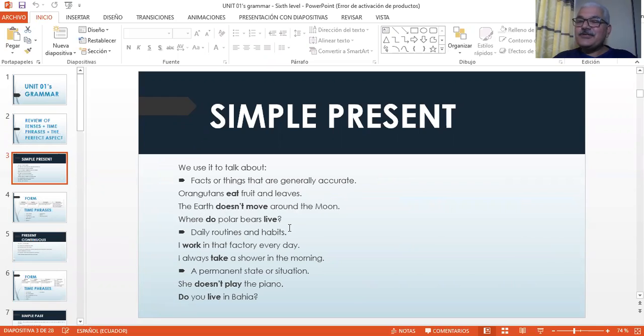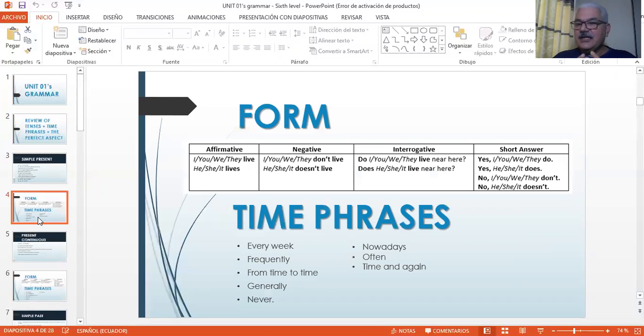So notice that we use it for questions, negative sentences, and normally for positive sentences or statements, okay? Then the form we use here is very simple. In affirmative, you use the subject.